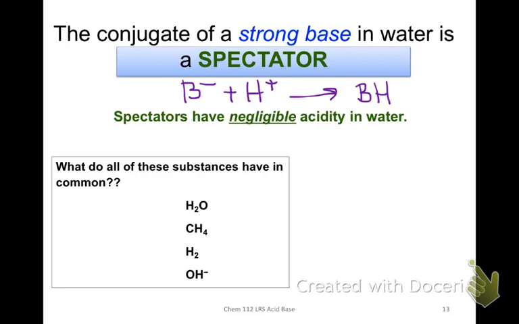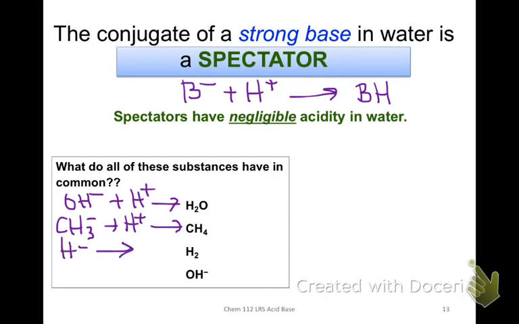And down below in the box, you've got some substances there. What do all those substances have in common? Well, this one we made by taking the OH- hydroxide and adding a proton. This one we made by taking CH3- methanide ion and adding a proton. This one we made by H-, adding a proton to make H2.